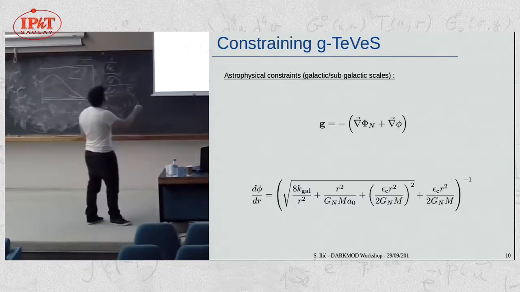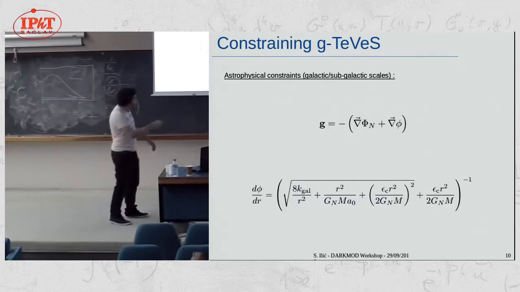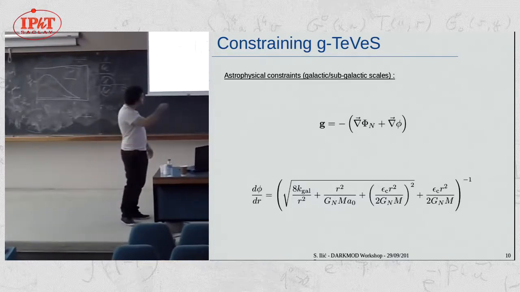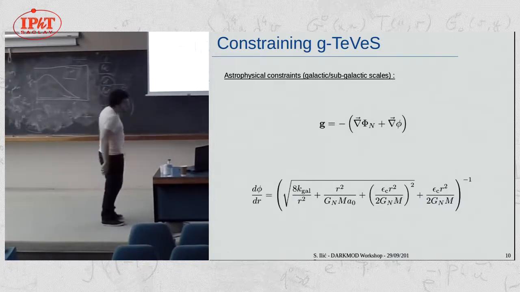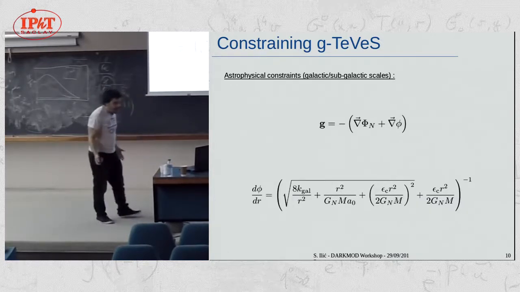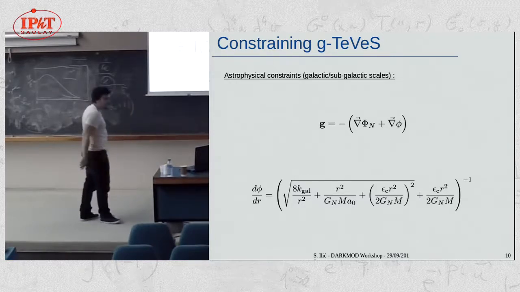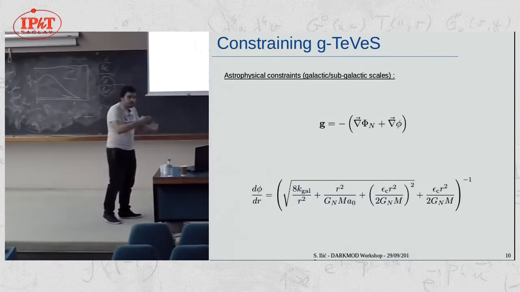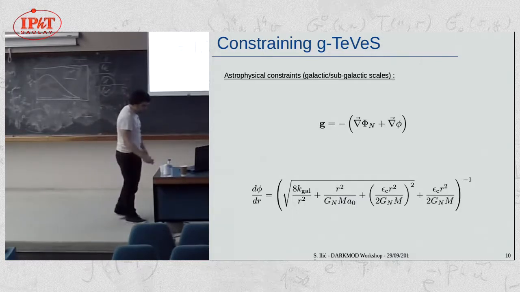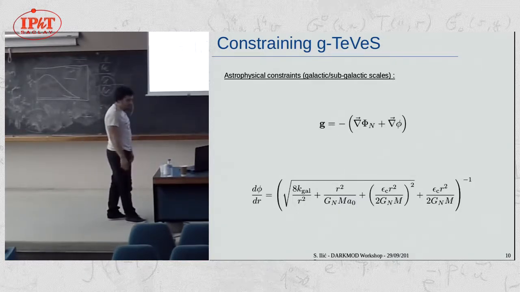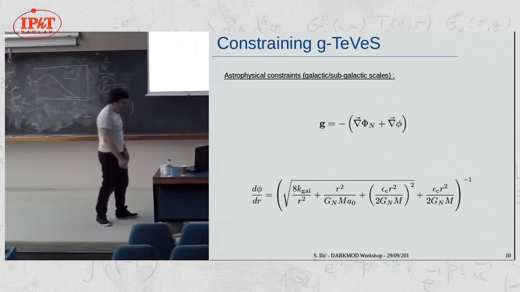On such scales, the non-relativistic acceleration takes this form, with the traditional Newtonian grad phi and an additional spatial gradient of the scalar field phi, which provides an extra force, and it's this extra force that is tuned to give a result which is constrained by rotation curve measurements, for example.